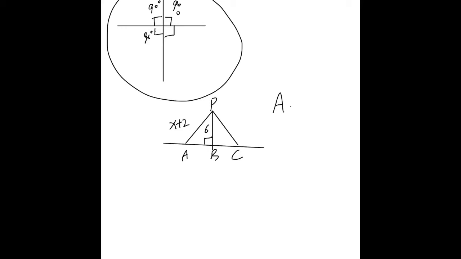First, we need to name the shortest segment from P to line AC. That means the shortest distance from a point to a line is the length of the perpendicular segment. Line PB is the segment from P to line AC.